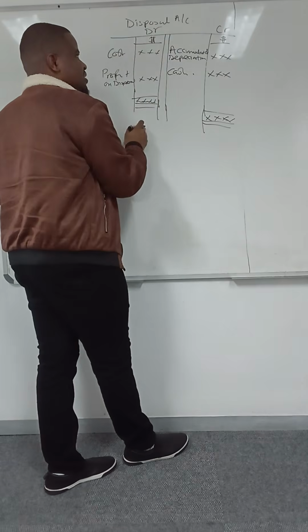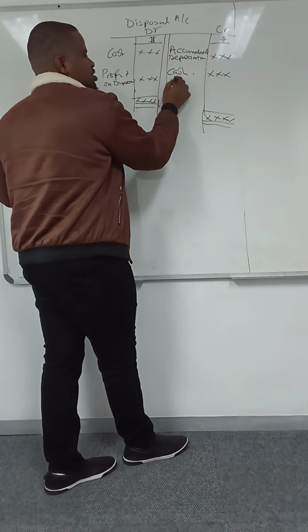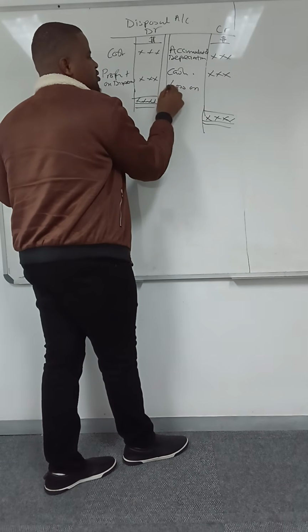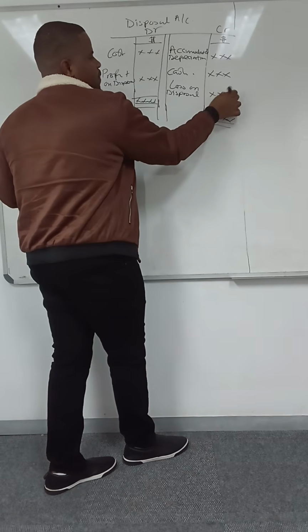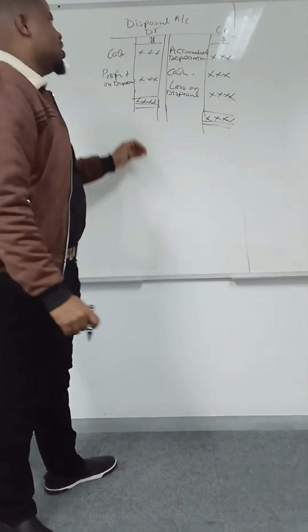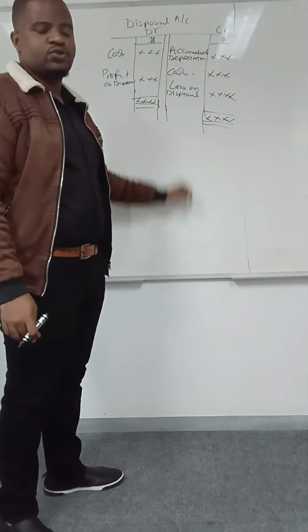But if the debit side is greater, if cost is greater than this and this, it means we've lost on disposal. So you need to know how to calculate profit on disposal or loss on disposal.